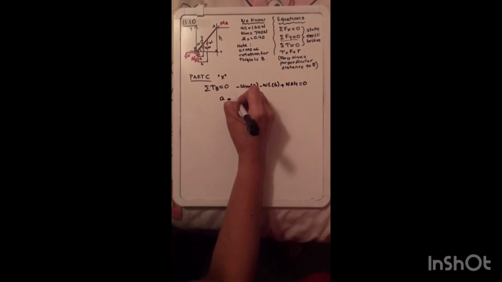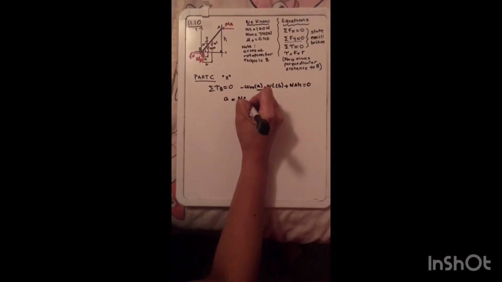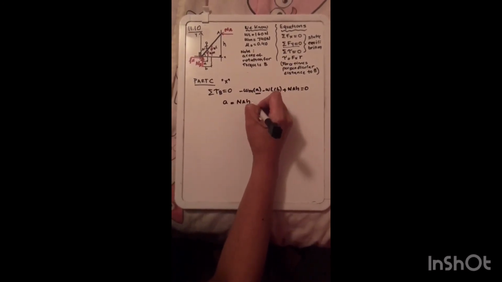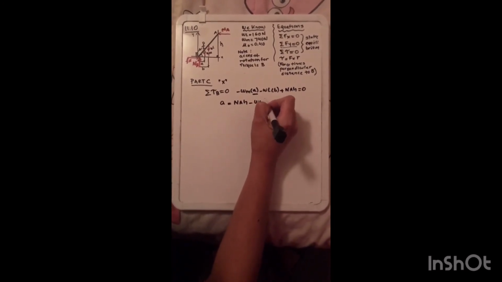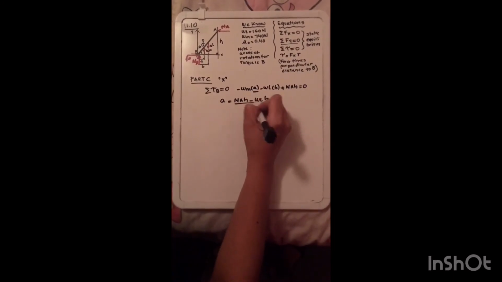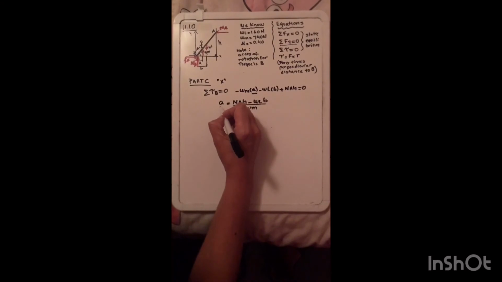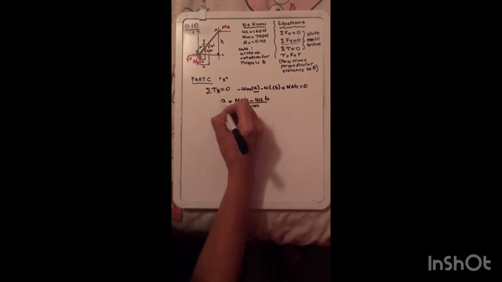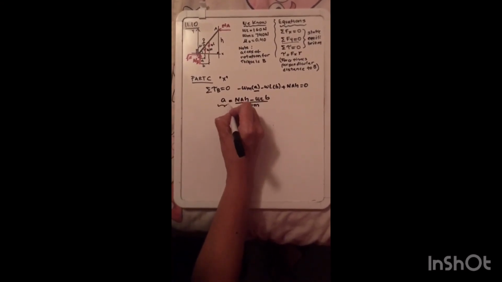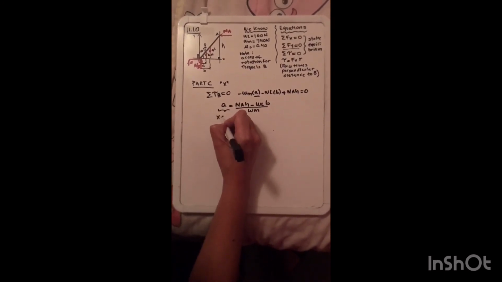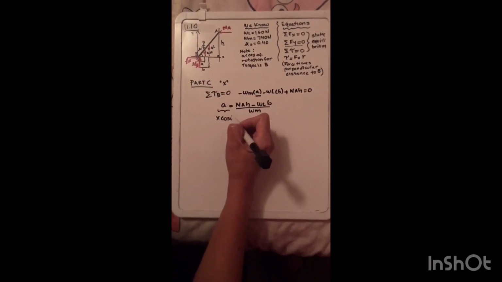But this time we have to find this A, and solving for A, we get this. A is equal to the normal force on A times H minus the weight of the ladder times distance B, over the weight of the man. But A is no longer 1 meter like in the last step. We have to find that distance, and this is going to be x times cosine of theta.